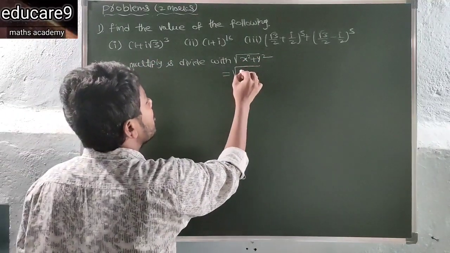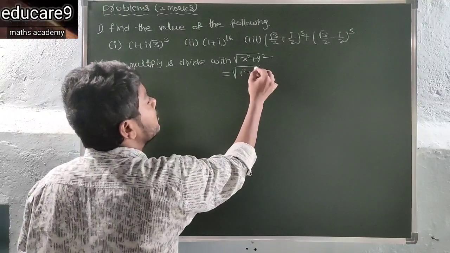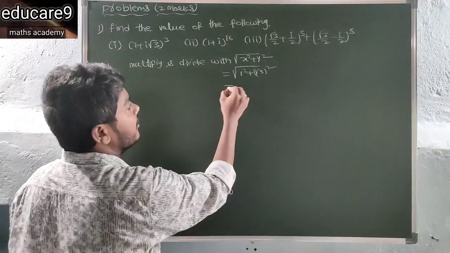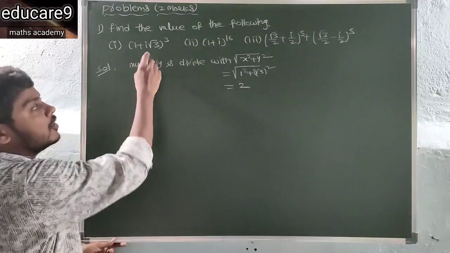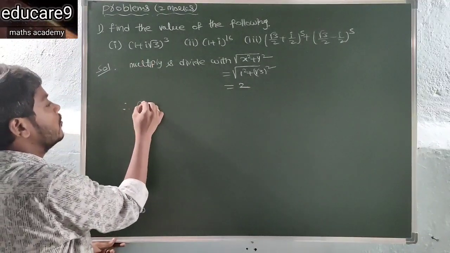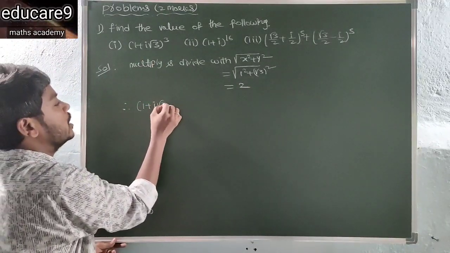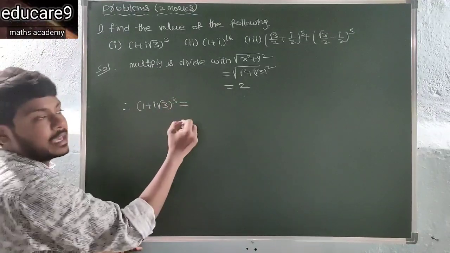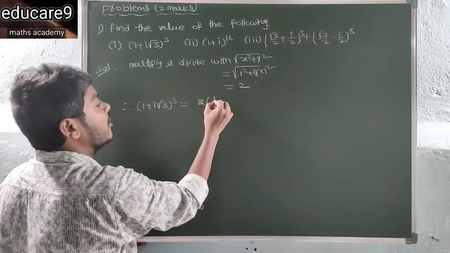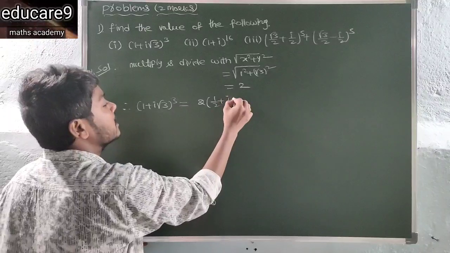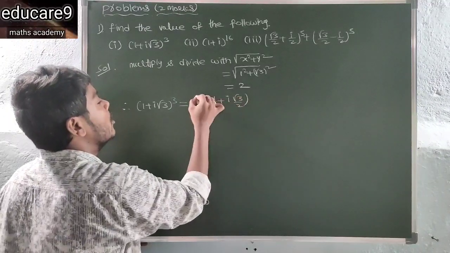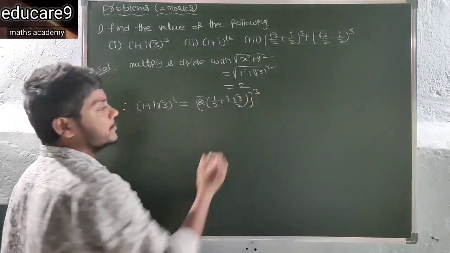So this is square root of 1 square plus root 3 whole square, so clearly we will get 2. Therefore (1 plus i root 3) whole to the power of 3 can be written as 2 times (1 by 2 plus i into root 3 by 2) whole to the power of 3.